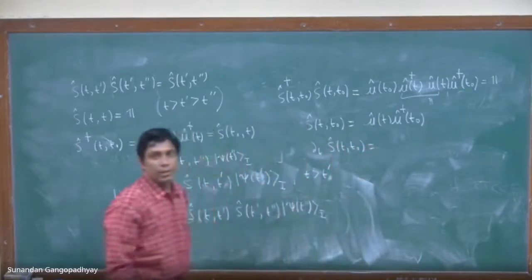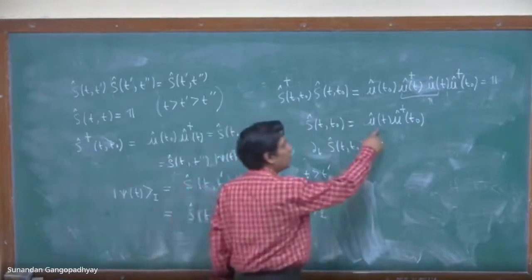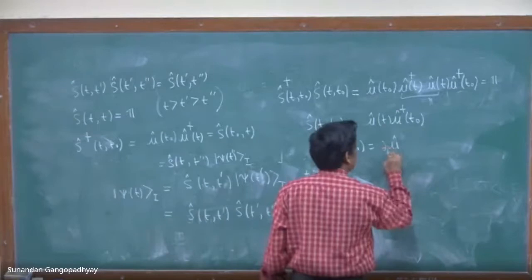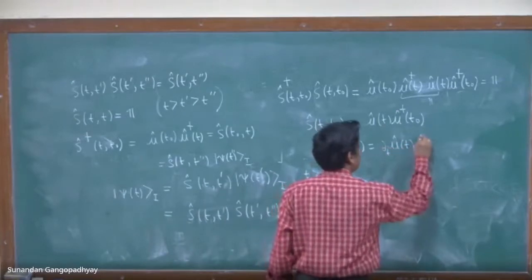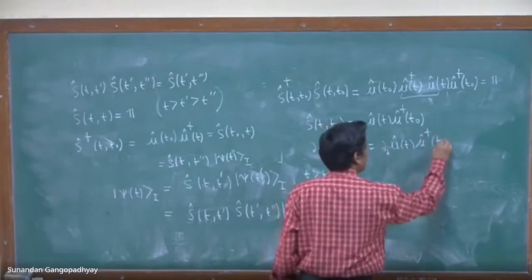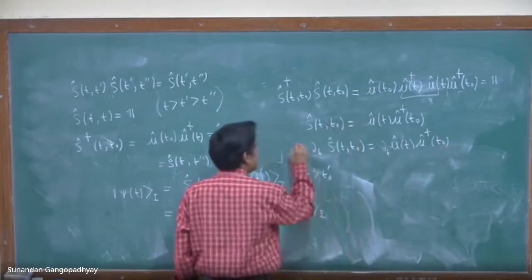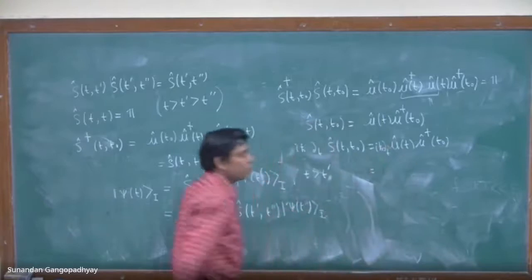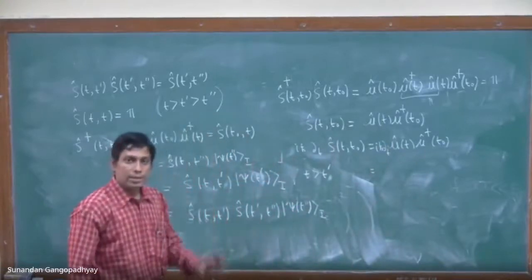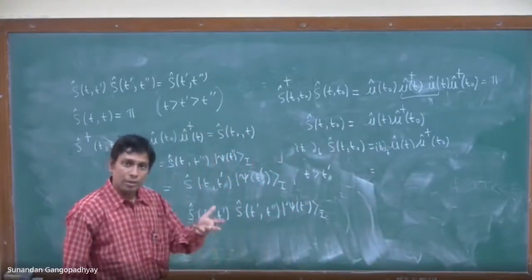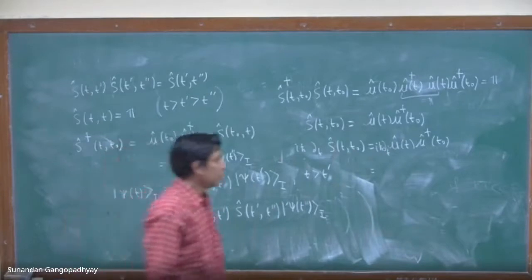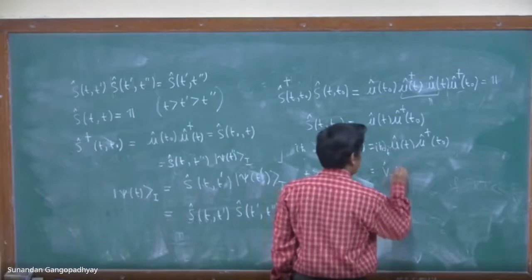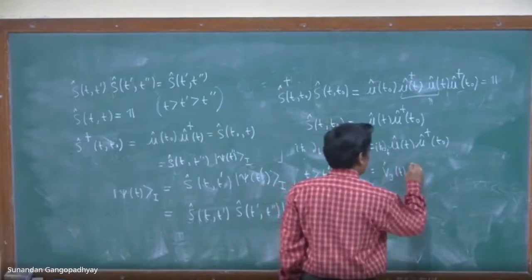This del T acts only on U hat T, so this gives you i h bar del T U hat T, that is the dynamical evolution equation for the operator U hat T, and that is basically nothing but V hat I T, U hat T.